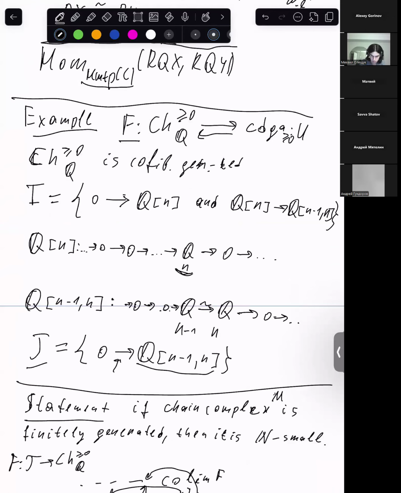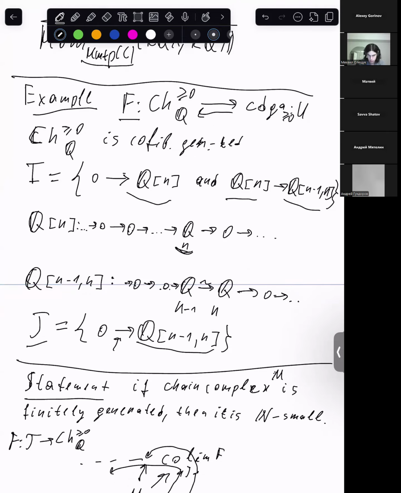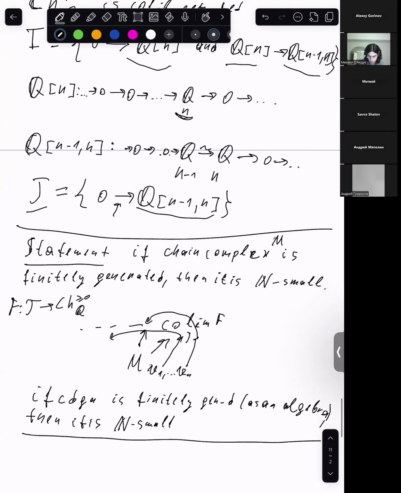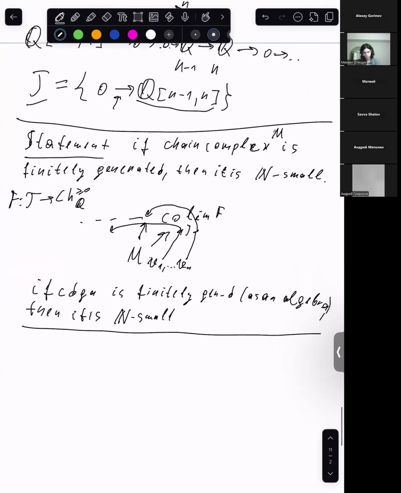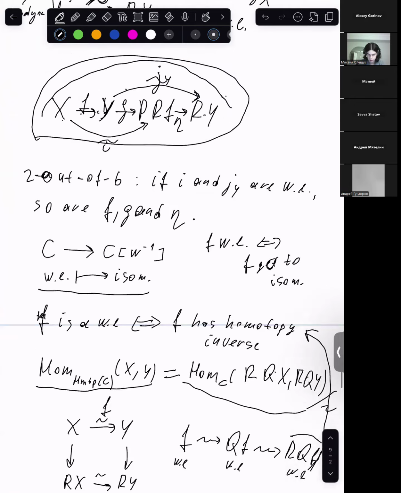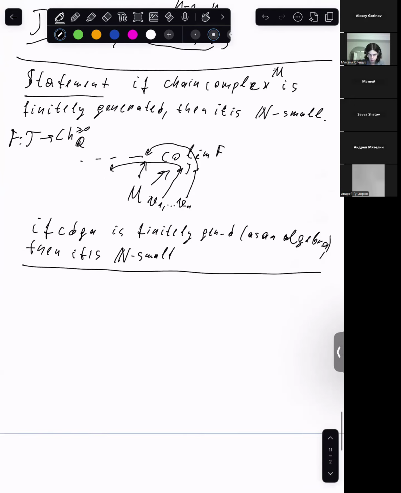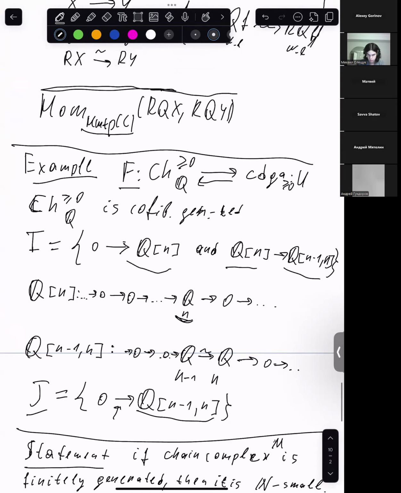In our case, we have only finitely generated chain complexes, so we add that here. So we didn't prove that F preserves all small objects, but we proved something sufficient for us.